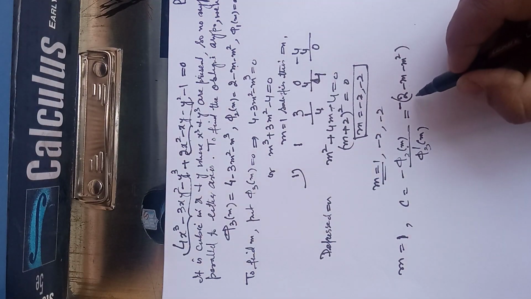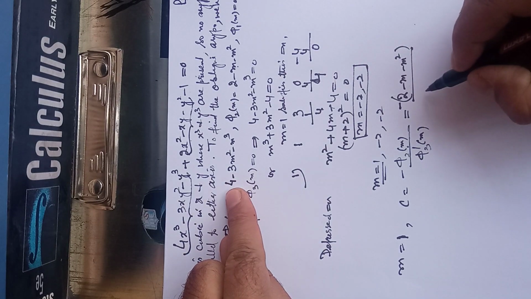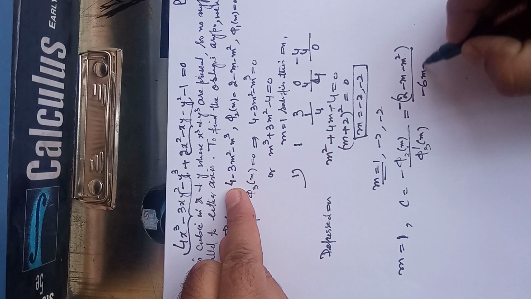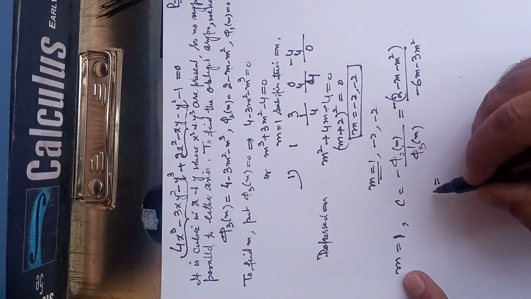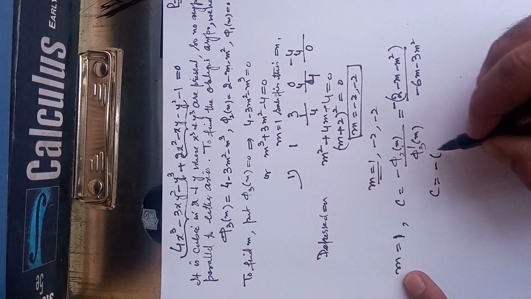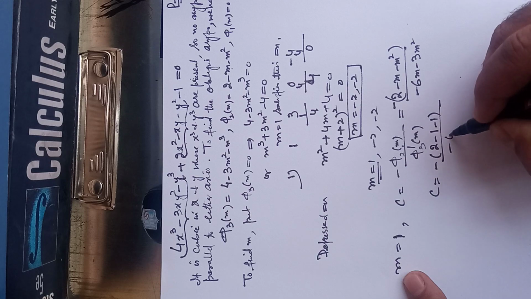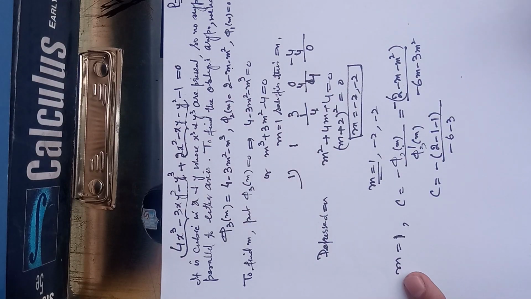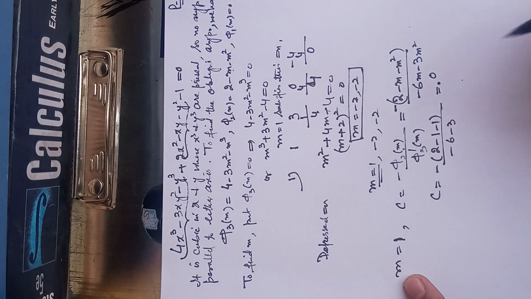Phi 3 dash, this is your phi 3, its derivative is minus 6m minus 3m square. Now your m is 1, so c is equal to minus (2 minus 1) divided by (minus 6 minus 3), which is 0 upon something which is not 0.